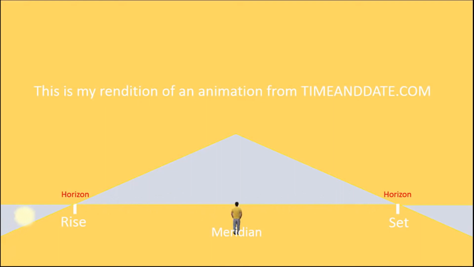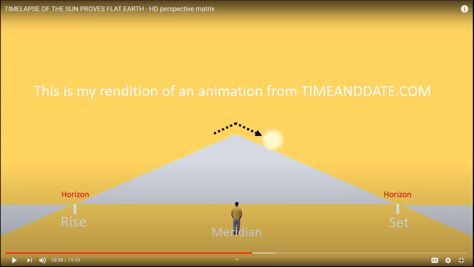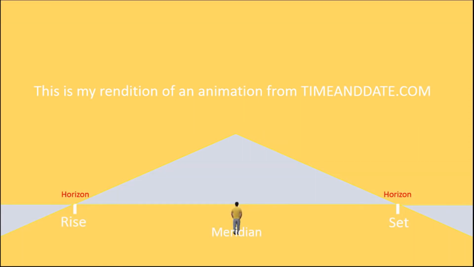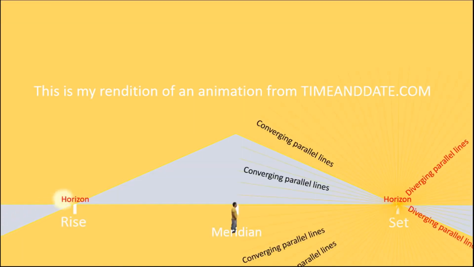Okay, here's a little illustrator or a little cartoon from a website called timeanddate.com. It's really funny that they would have a perfect illustration of a sun rising and setting on a flat earth due to perspective. Now I think what is funny is that you actually think the sun does this at noon. That it rises from below the horizon and sets below the horizon. Now you might be saying, well, how's that possible?